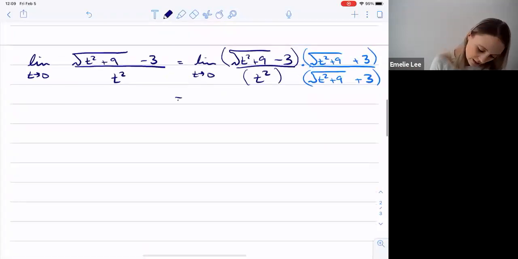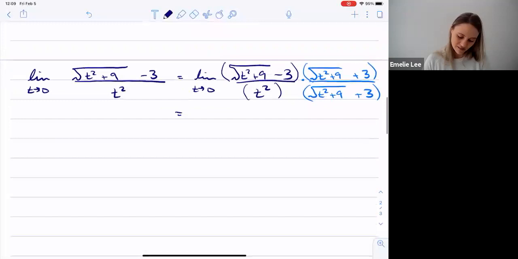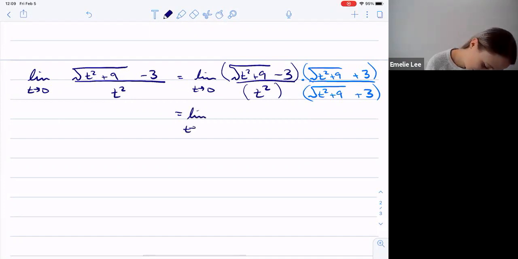Which FOIL itself doesn't make sense to me, but we're back to just expanding this thing. What is annoying is that we should be writing the limit each time. So the limit as t goes to 0. And I've got the root of t squared plus 9 times the root of t squared plus 9.